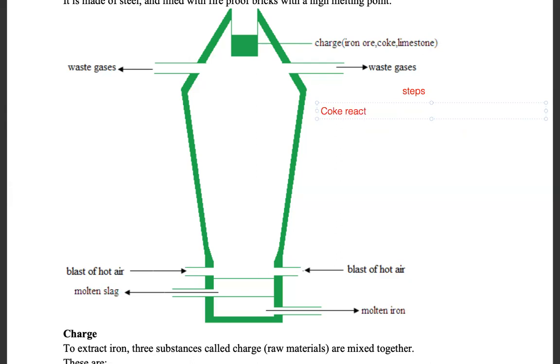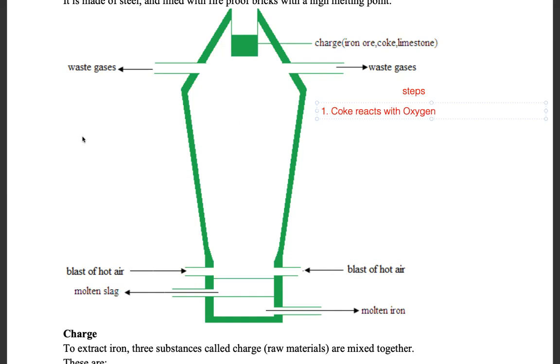Coke reacts with the oxygen. Now remember, the reaction of a substance with oxygen is called burning. So coke burns, and when it burns, carbon dioxide is formed. So this is the first reaction.